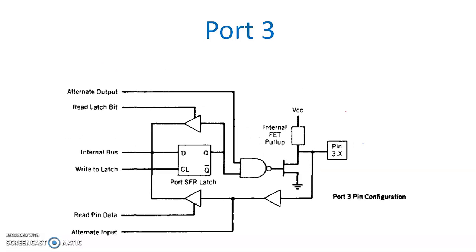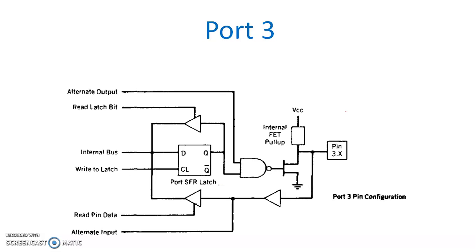And next, coming to port 3. Port 3 is not only an IO port, it also generates special signals. We know how to configure any port as an input or output by configuring the special function register latches, that is, by configuring the D latch.